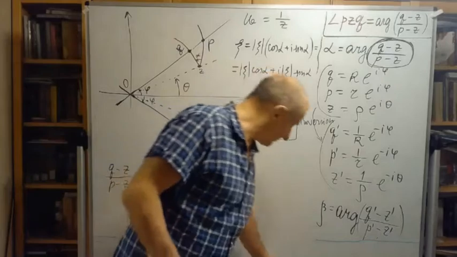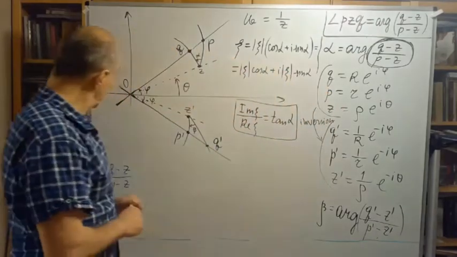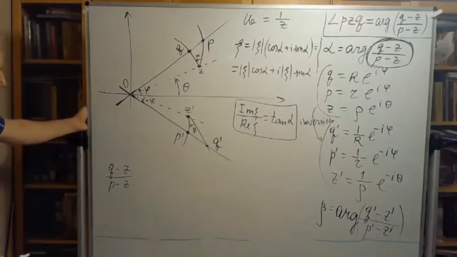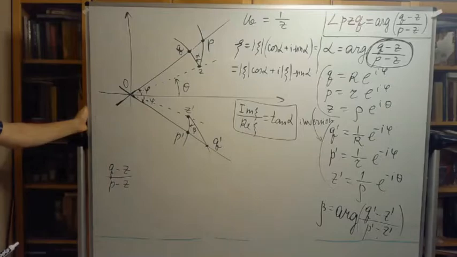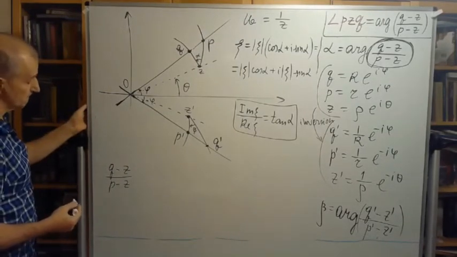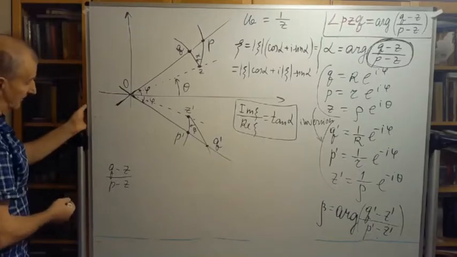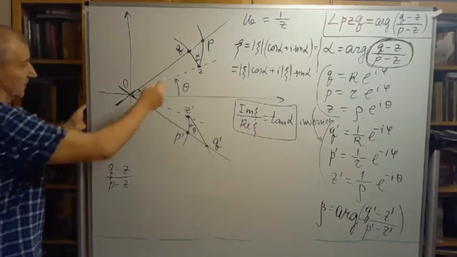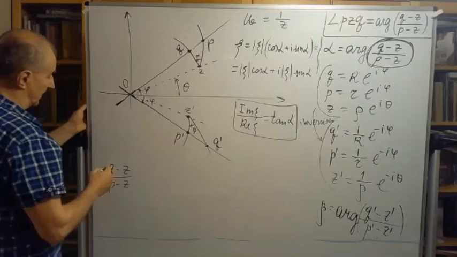So let's proceed as we were going to. (q - z)/(p - z) is a number for which we are going to find the argument. The ratio of the imaginary to real part of this number will be the tangent of the argument of this number. So it will be our original angle alpha.